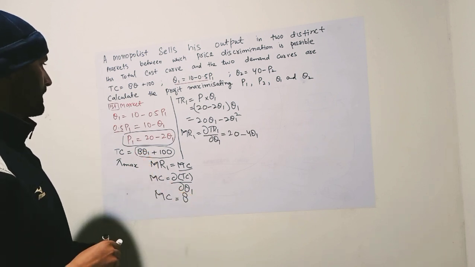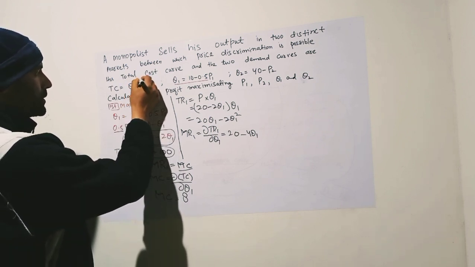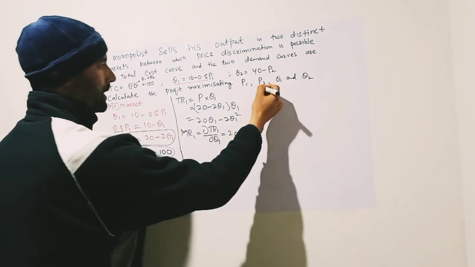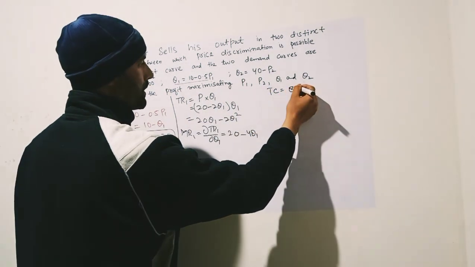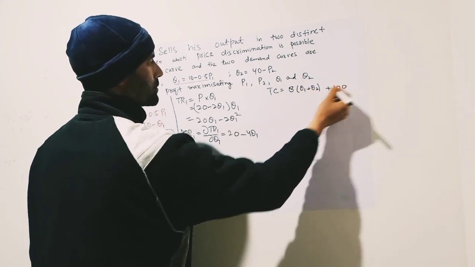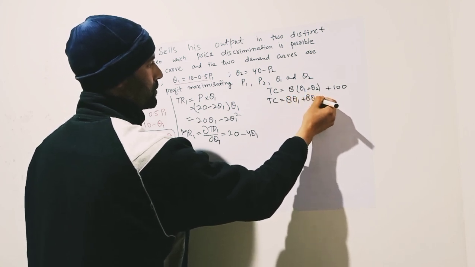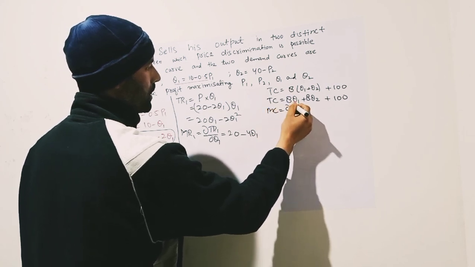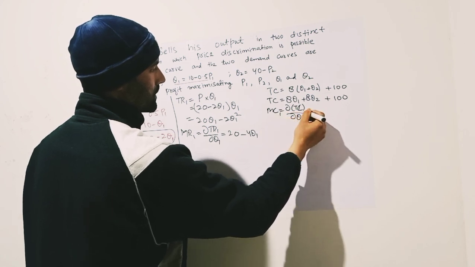Now one thing to be noted here: this q denotes q1 plus q2. That means in reality our total cost function would have been 8 times q1 plus q2 plus 100. So total cost will be 8 q1 plus 8 q2 plus 100, which means our marginal cost in the first market will be the derivative of the total cost function with respect to q1.